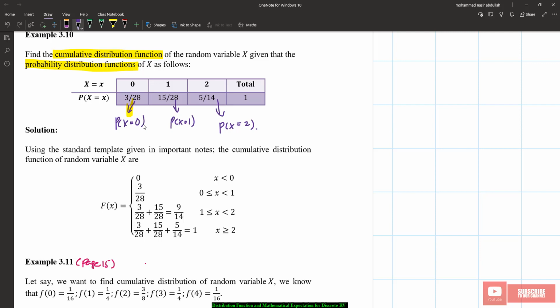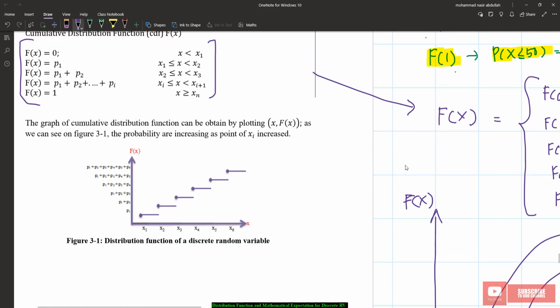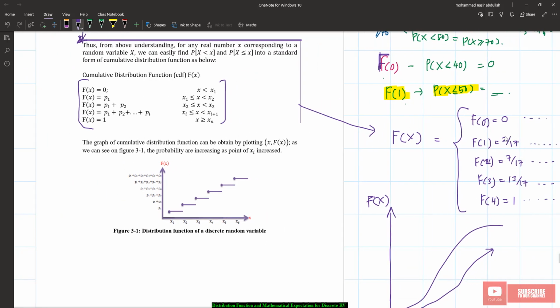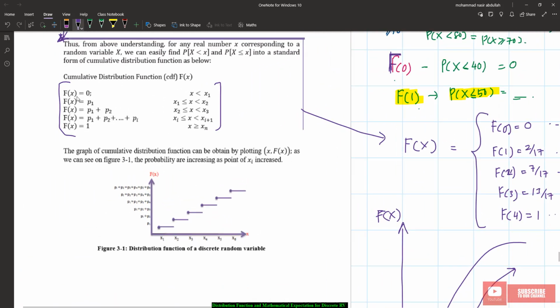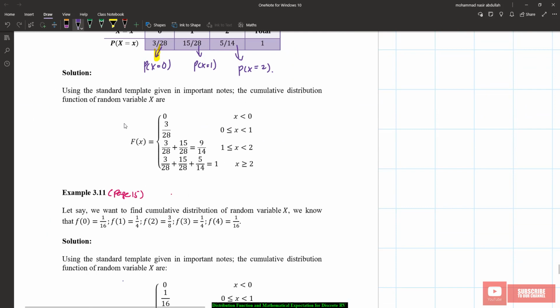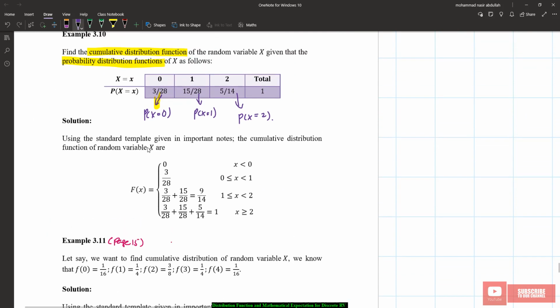So by using the standard template, kita dah ada standard template tadi kan, kita convertkan this one to this one. Remember, as I said before, cumulative frequency starts before the first class. So you always start with 0 and with 1.